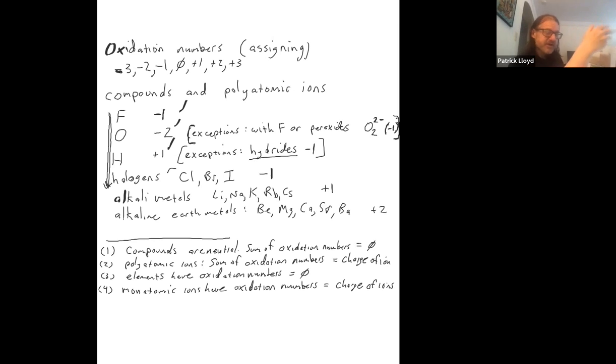You have elements and you have ions. The charge of the ion, which for lithium being in the first column is +1, would be its oxidation number. So many of these, you can figure them out very easily. And for the most part, that's it. That should get you through 99% of these problems, or 98% of these problems.